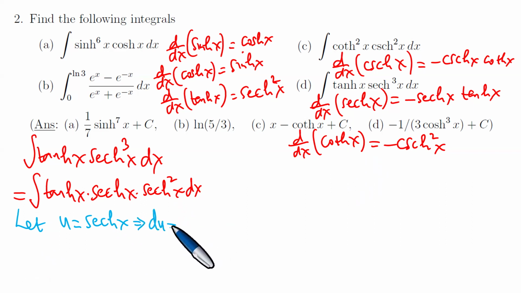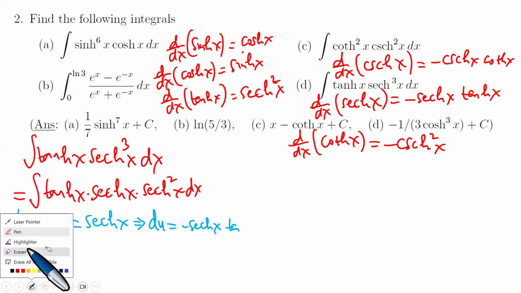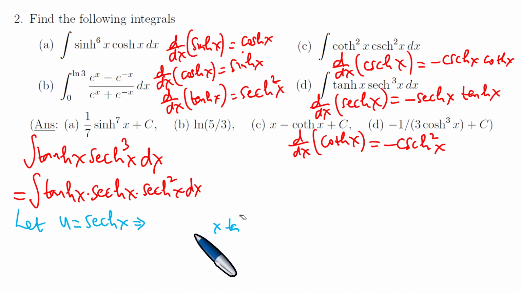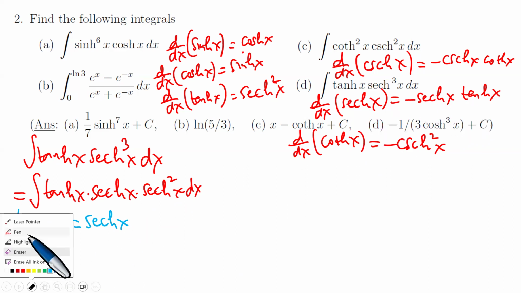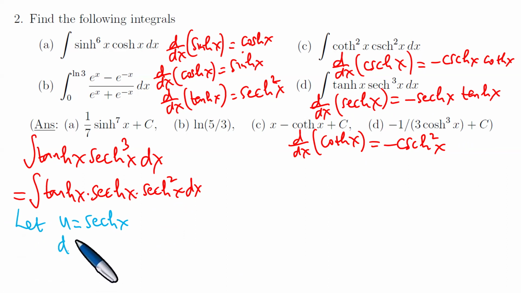The derivative is the negative sech tanh x. Because we know the derivative of the sech, it's minus sech tanh. So we're just revising the derivatives of the hyperbolic functions, so that du is negative sech of x, hyperbolic tangent of x, dx.